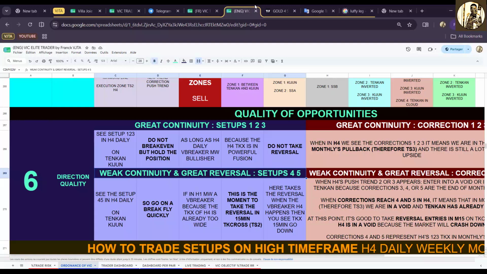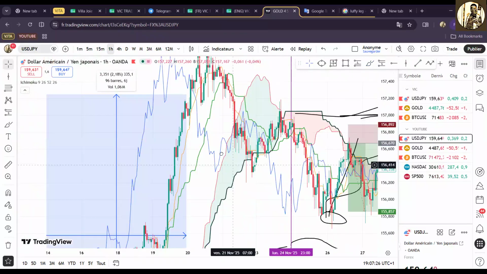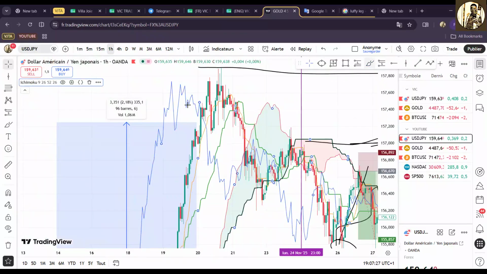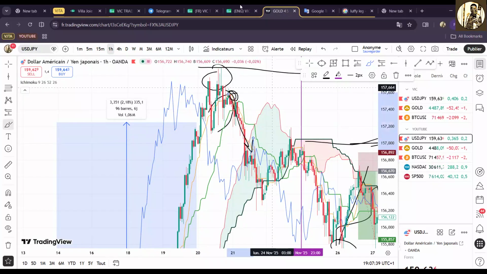And you can even see that after the third touch at this high of the high, CK cloud in 1 hour became flat, and then you could have started taking the reversal position to the downside here.